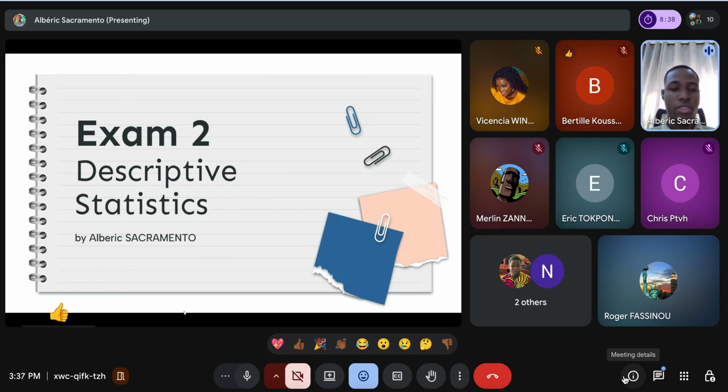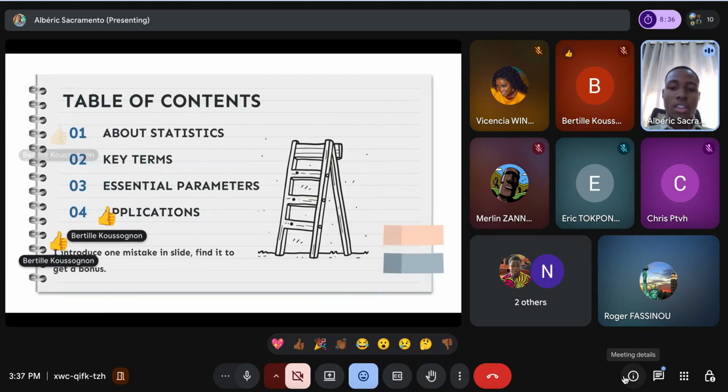One part of mathematics. My presentation will take 4 steps. First, I will tell you something about statistics generally. Secondly, I define some key terms in statistics. Next, I'll give you some essential parameters we use to do the job.